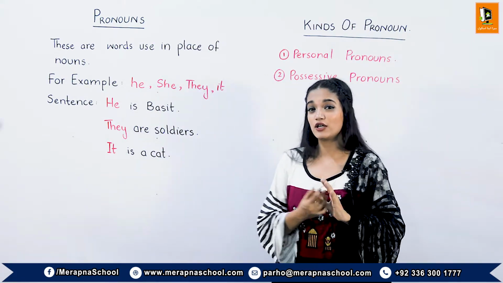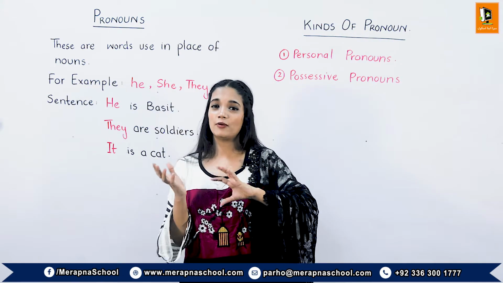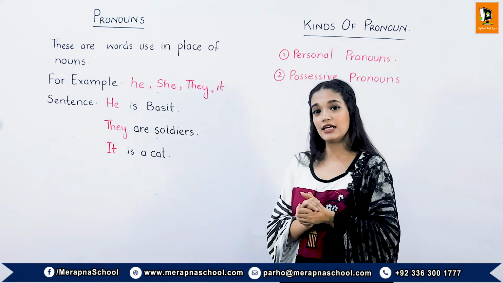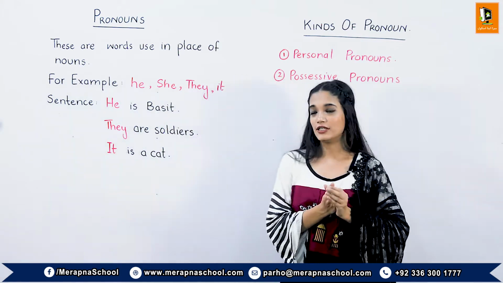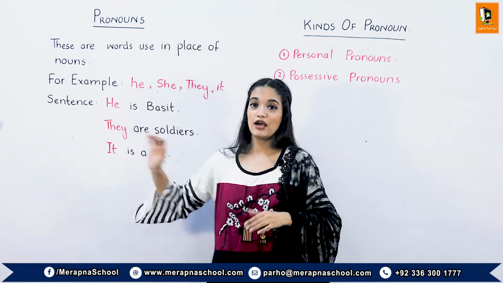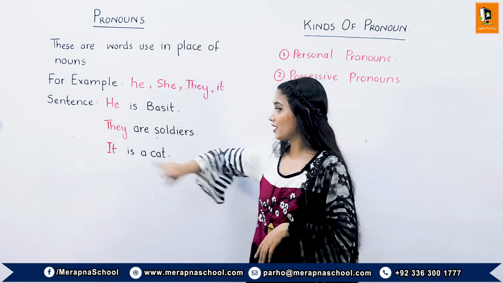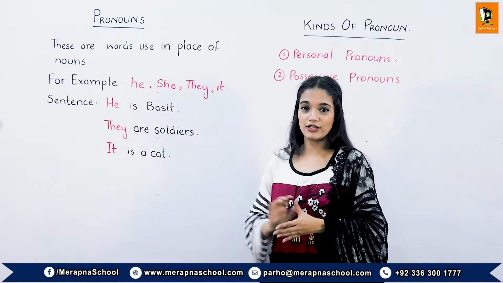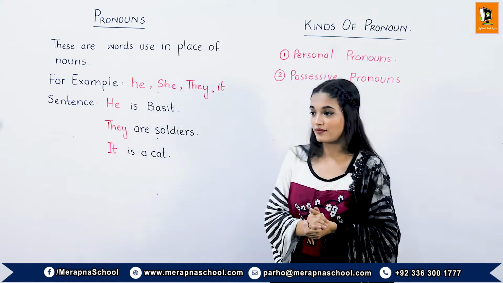But we also use pronouns for singular or plural nouns. For singular, we use he and she, but for plurals, we use they. For example, he is Basit. They are soldiers. It is a cat.